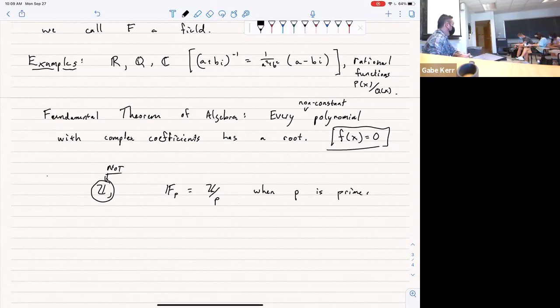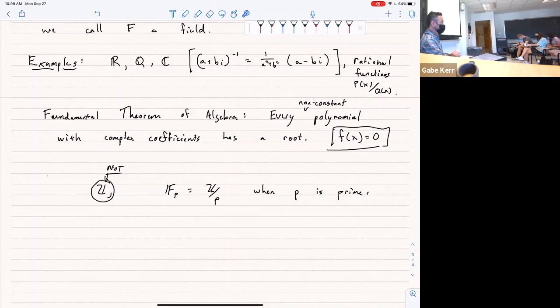That's a field. Now, why do we write FP? Because when I write FP, I'm saying I'm thinking of this as a field. When I write Z mod P, I'm thinking of it as a group, or even as a ring, with multiplying, but I can write things like Z mod 6.